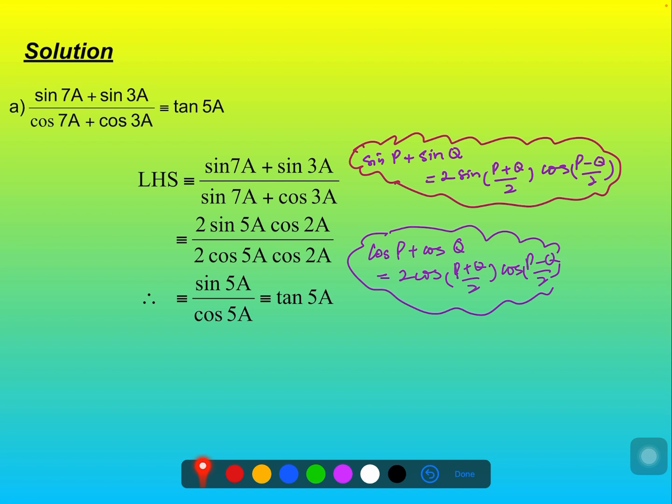As for the below part, or the denominator part, cos 7a plus cos 3a is 2 cos (p plus q over 2) cos (p minus q over 2). So we will have here 2 cos 5a cos 2a.